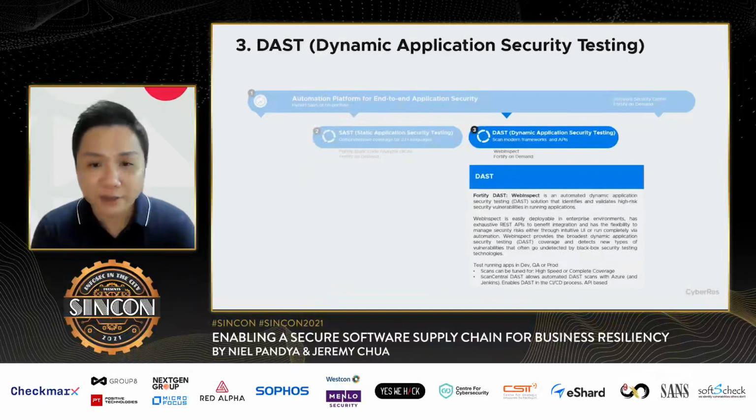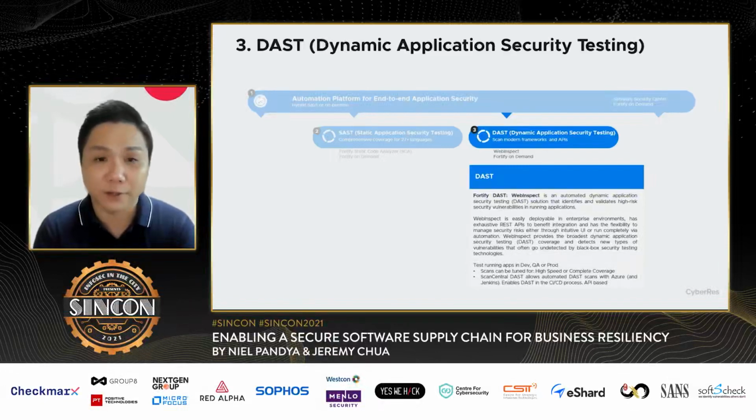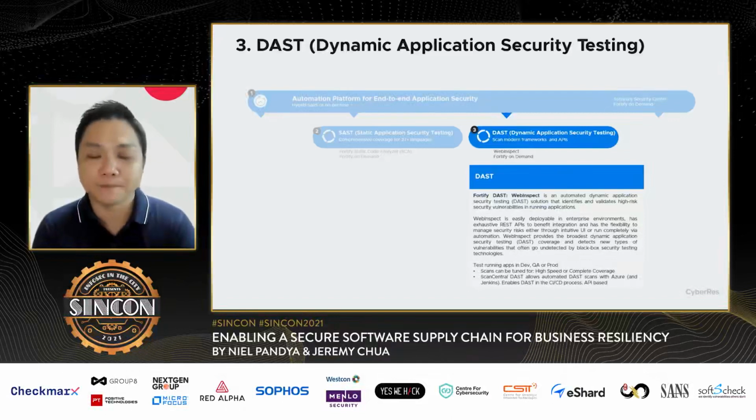As part of DAST, we have this solution, which is WebInspect. It basically does the dynamic application security testing on a runtime environment, which is agnostic to the programming languages. It has two phases. The very first phase is what we call crawling, or mapping out the attack surface. You send a request to the server, at a base URL that was provided, and you crawl from there to map out the attack surface.